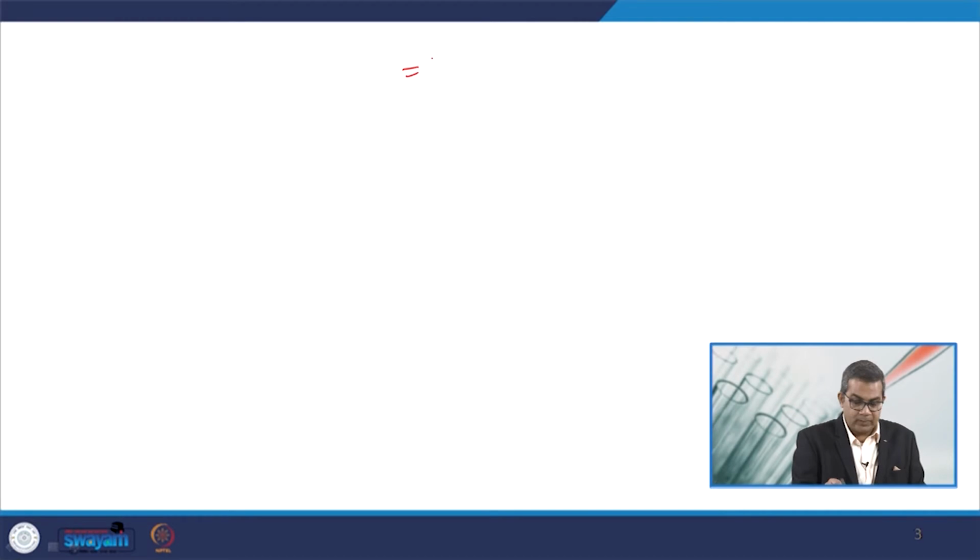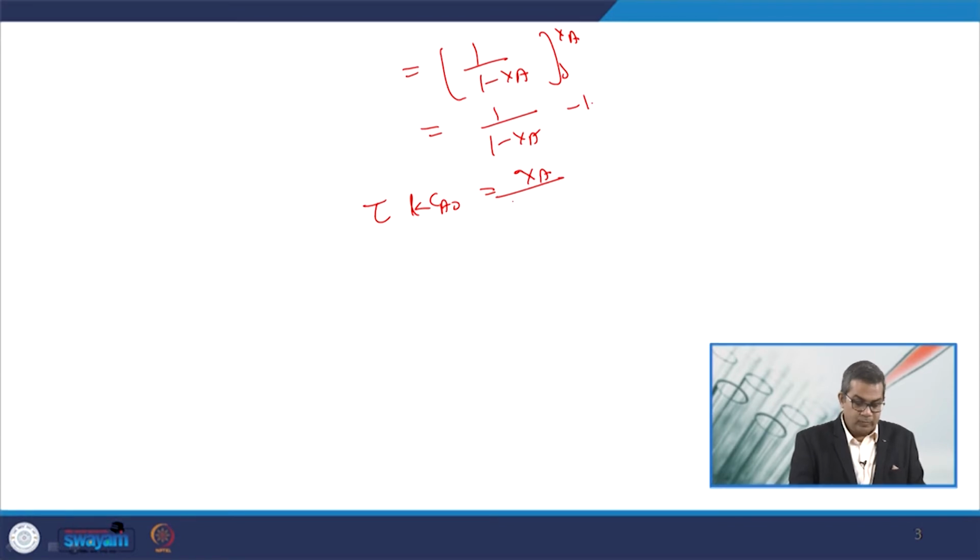Now this comes out to be 1 upon 1 minus Xa from 0 to Xa, that is 1 upon 1 minus Xa minus 1, or tau K Ca naught is equal to Xa upon 1 minus Xa. That is my equation number 3.